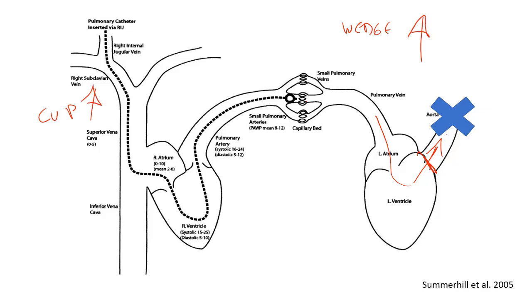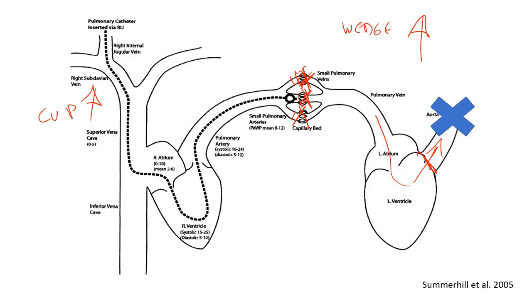Okay, so let's say instead of here, we had an obstruction of the really small arterioles. That would look just like primary pulmonary hypertension. So would our wedge be high, low, normal? CVP, same thing.